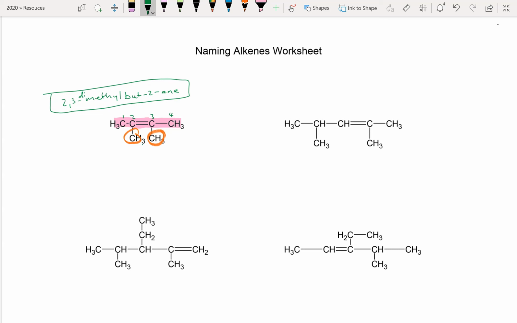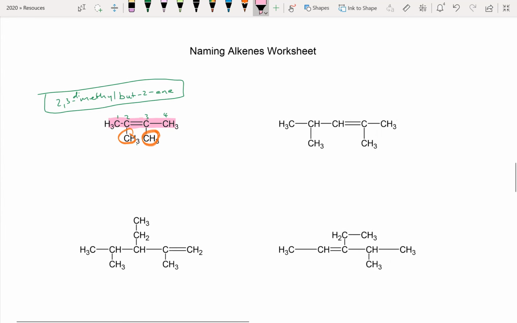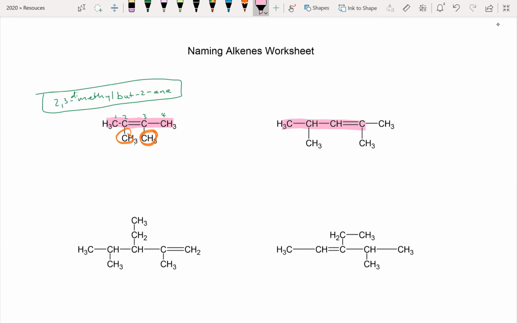So let's move over to the right. And here we highlight our longest chain. I'm going to say we go that way, because there's our alkene. We number it so that the alkene here has the lowest possible value, 2. So that's a pentene. This is just our working here, so we're like pentene.